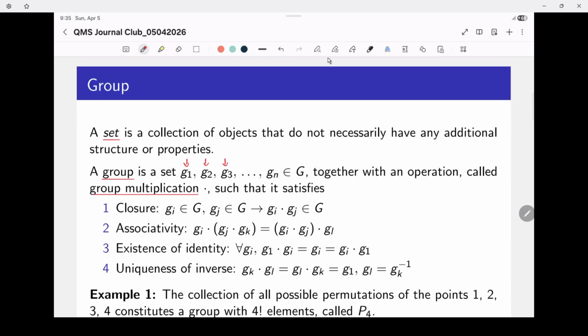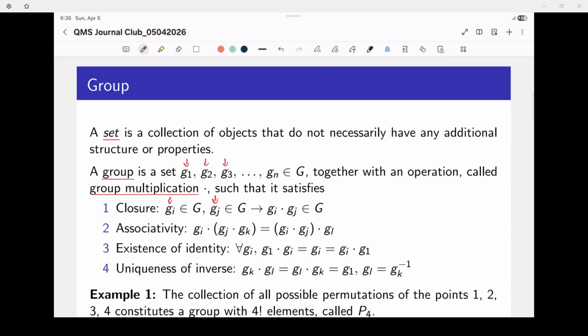It satisfies what we call the four group axioms. The first one is called closure, whereby if you take one object from your group and another object from the group, the multiplication between these two objects will again go back inside the group. If it goes outside of the group, then it is not closed under your group multiplication operation.